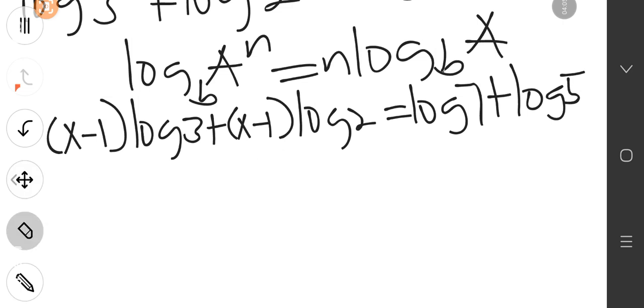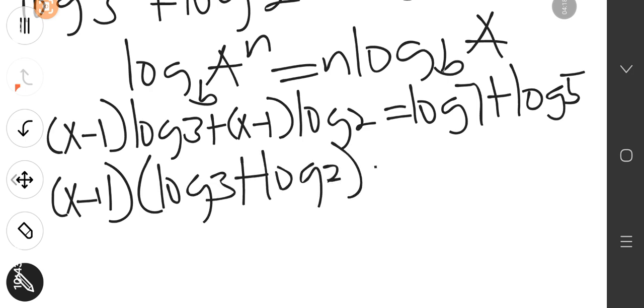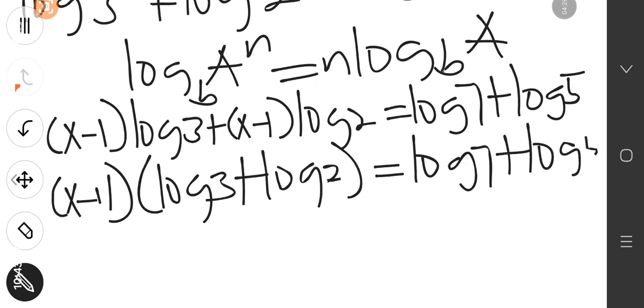So let's factorize. So we can say (x - 1) times (log 3 plus log 2) equals log 7 plus log 5.